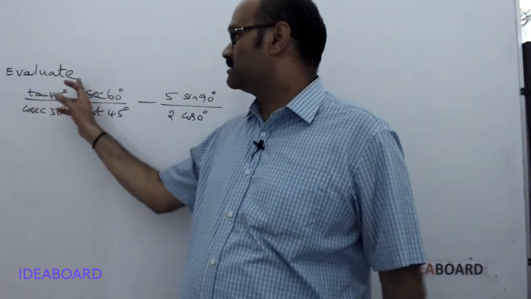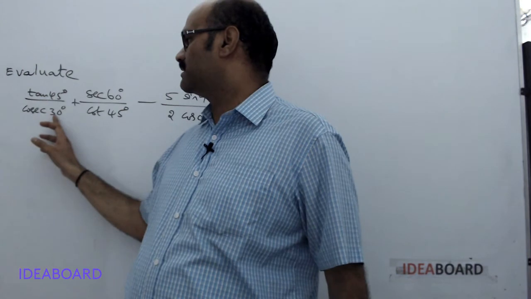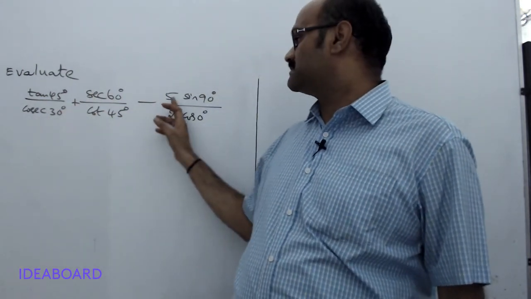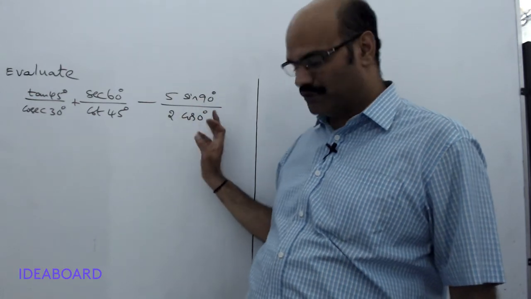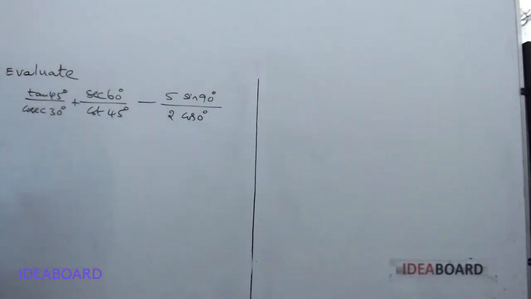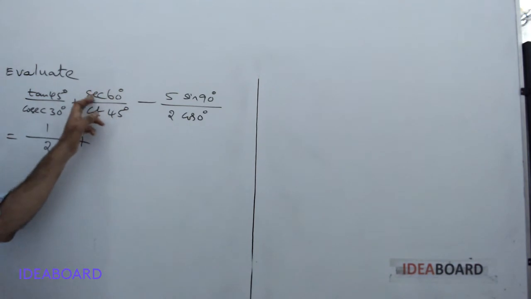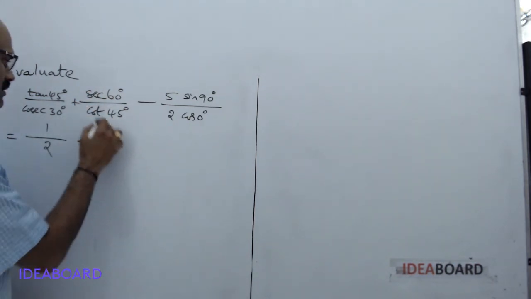Next problem. Evaluate tan 45 by cosecant 30 plus secant 60, by cot 45 degrees minus 5 sin 90 degrees by 2 cos 0 degrees. Tan 45 is always equal to 1, we know that sin 30 is 1 by 2, so cosecant 30 is 2, plus cos 60 is 1 by 2, so secant 60 is 2.